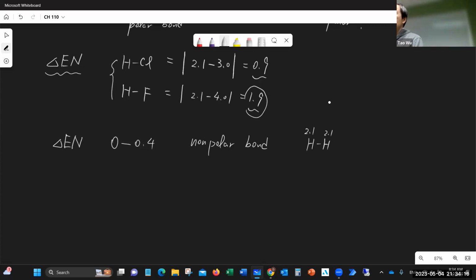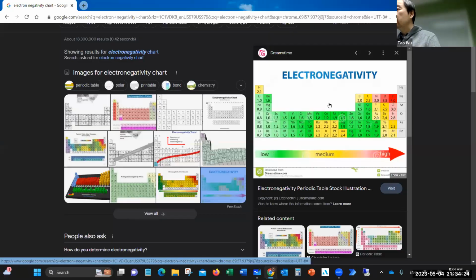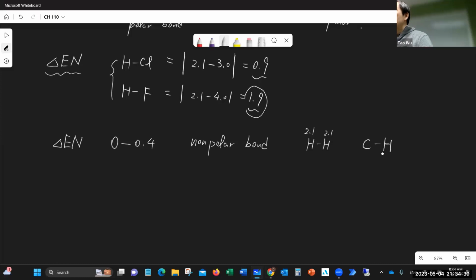Another case could be carbon and hydrogen. Carbon is 2.5, hydrogen is 2.1. The difference is 2.5 minus 2.1, which gives you 0.4.